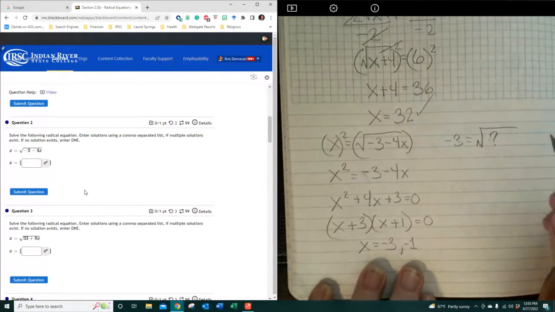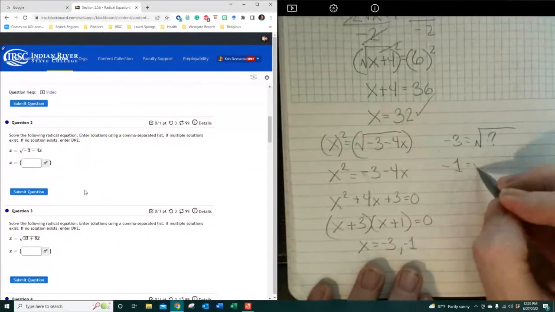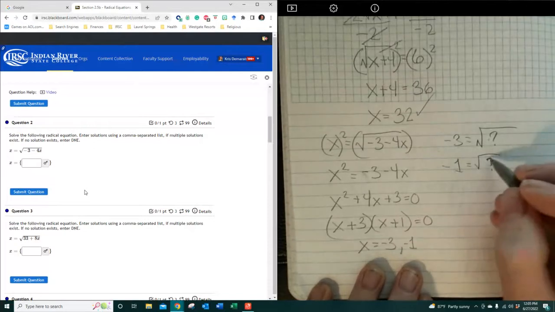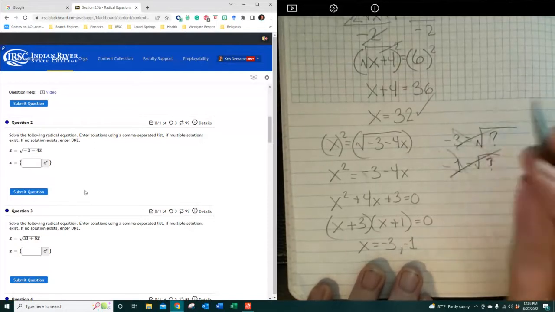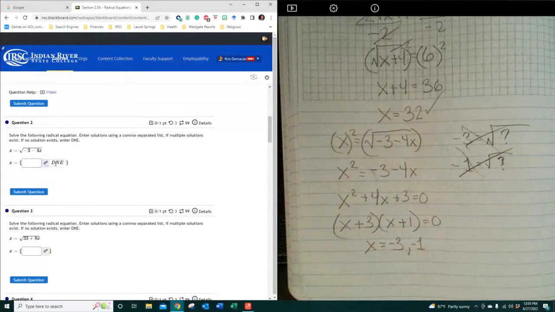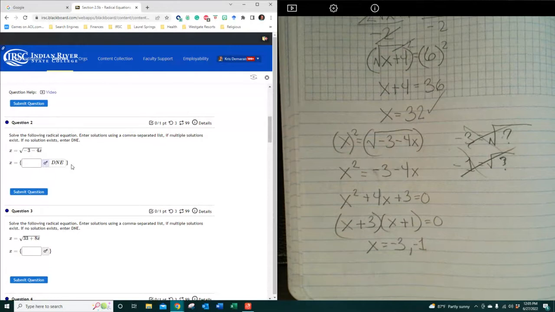You can't take the square root of anything and get that number. The same goes with negative 1. You can't do that either. It doesn't matter what it is. So both of these are throwaway answers. So the answer is DNE, does not exist.